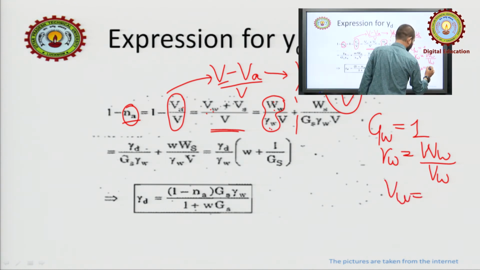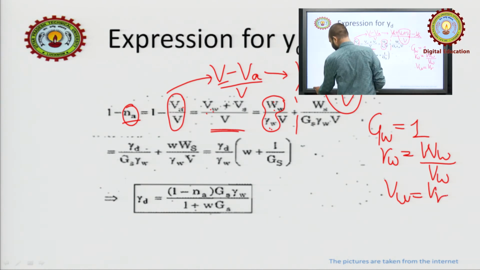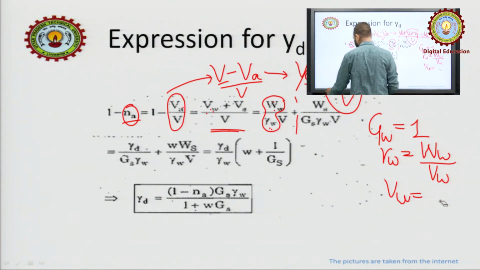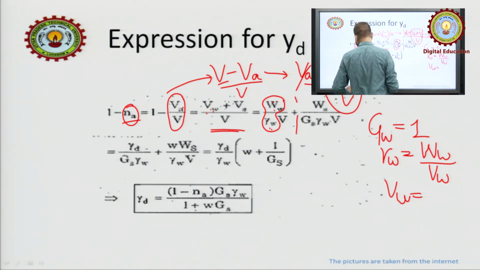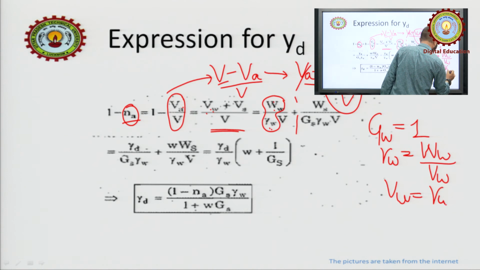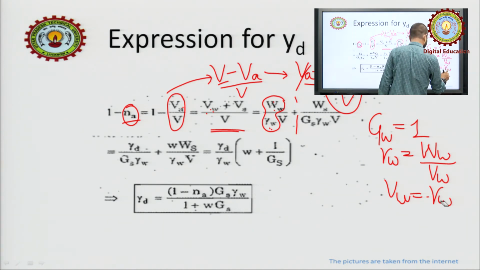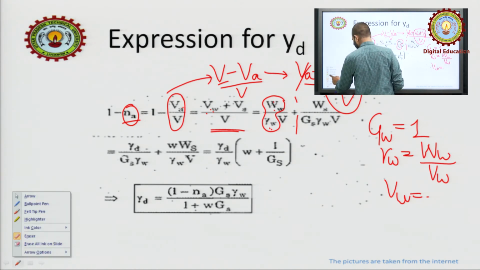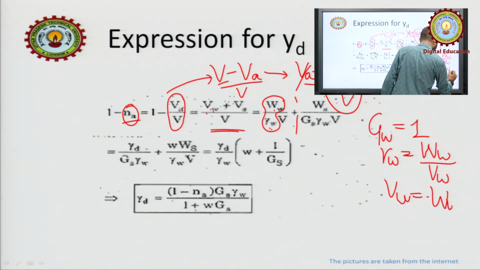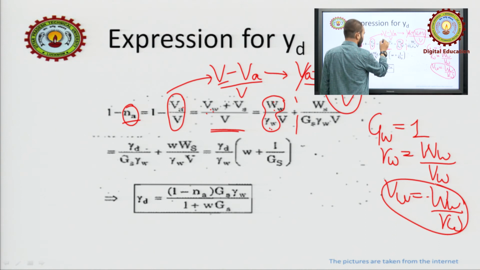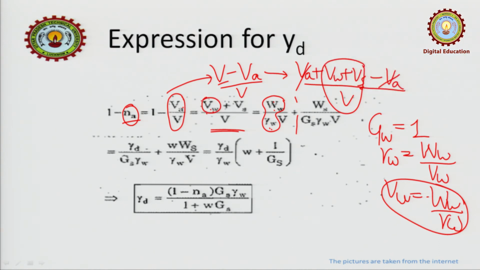So Vw can be written as Ww upon gamma w. After bifurcating it we can write it here. So, this is the expression.